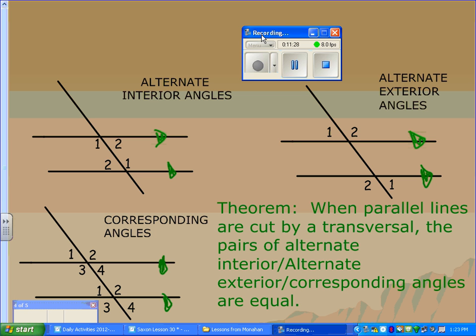Alternate interior, alternate exterior, the two on the top. So all it's saying is all three sets of these angles, all types of them, these three are all congruent.